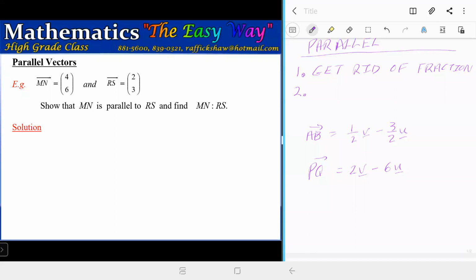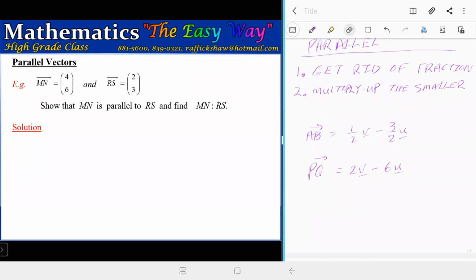So after you do that, you multiply up this smaller vector to equal the larger vector.